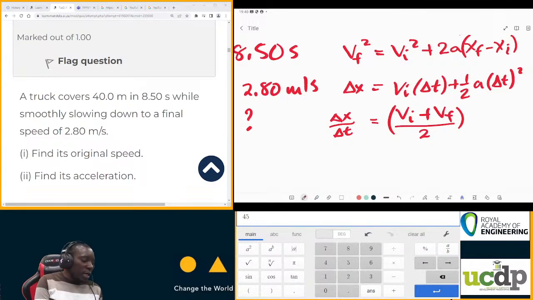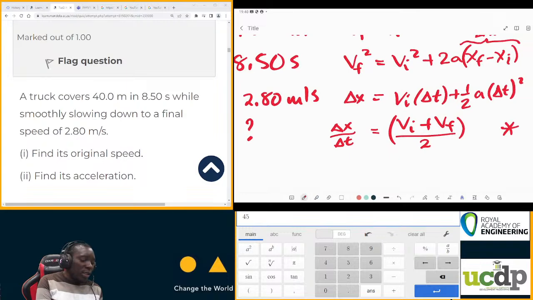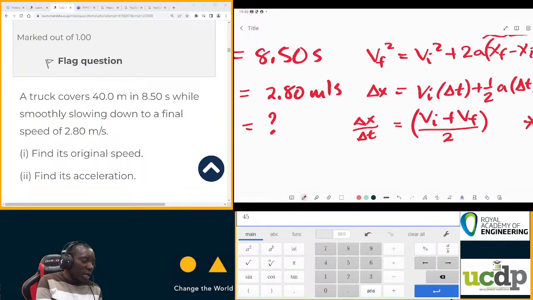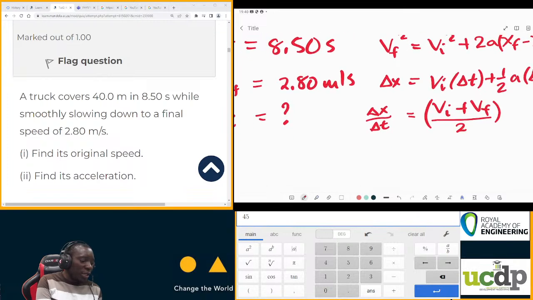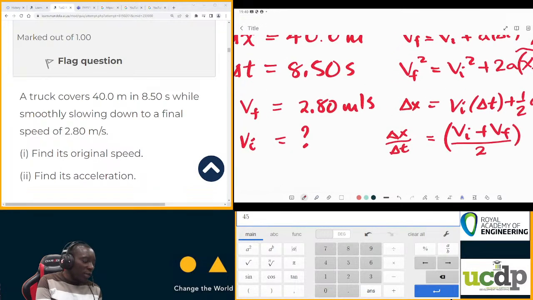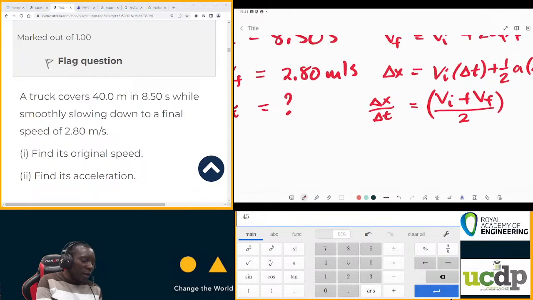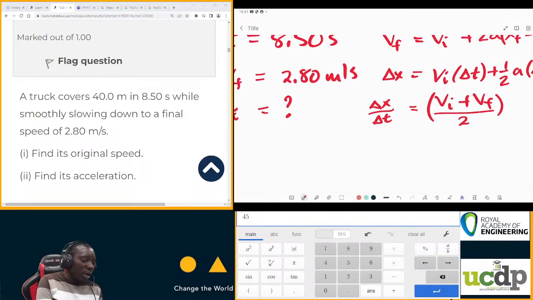In this case, this is the best equation to use. It simplifies everything. We are not given acceleration, and we are given t, so we can find the only unknown, which is Vi.